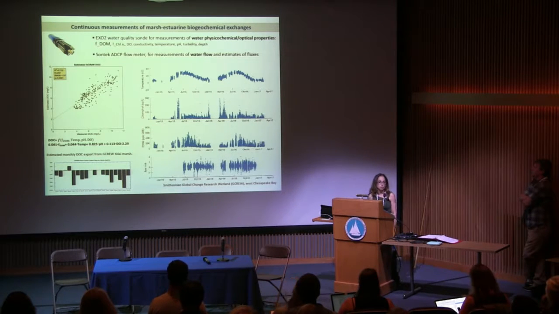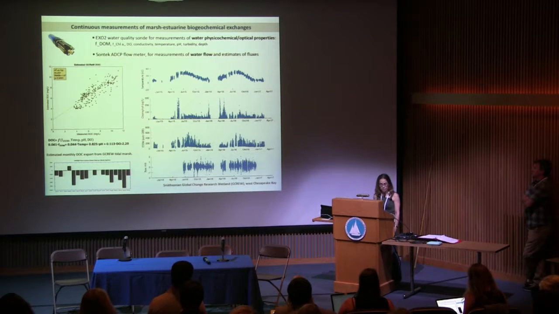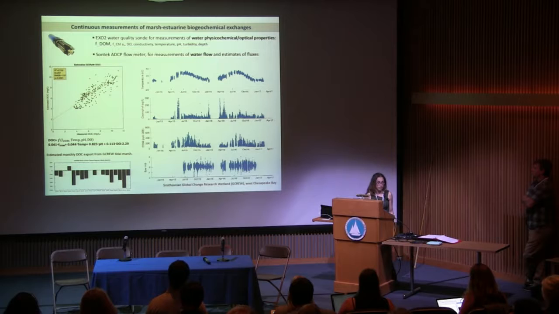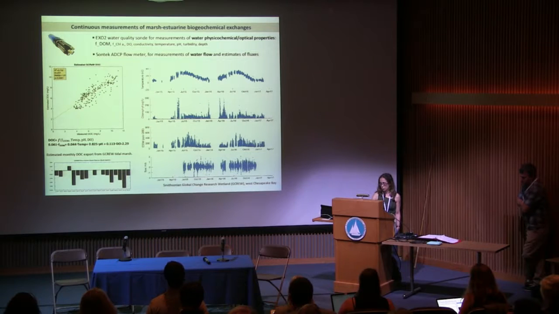First, that continuous measurements are critical for understanding variability in DOC fluxes and getting accurate estimates of net annual export of these systems. And second, when we use optical sensors, we need as a community to discuss more about corrections we apply on these sensors and how we go from optical quantities, proxies, to DOC concentrations.